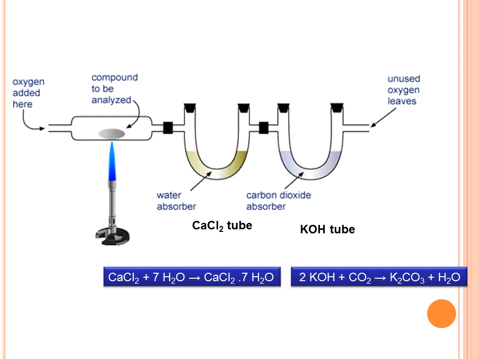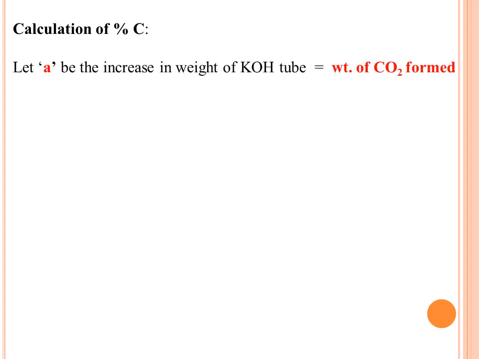Now from those weights, how to calculate the percentage of carbon and hydrogen. So now here we will see how the calculation of percentage of carbon is done. If A is the increase in weight of the KOH tube, that is nothing but the weight of CO2 formed, because CO2 is absorbed in the KOH tube.